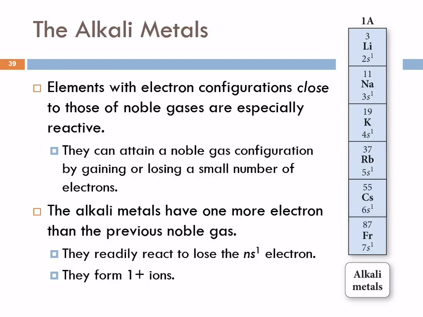They are extremely reactive because they are very close to that stable energy configuration that the noble gases have. If sodium loses that 1 valence electron, it has the same number of electrons as neon. That's an especially stable position. And so it will do that quite easily. Sodium will react with all kinds of things because in doing so it lowers its energy.